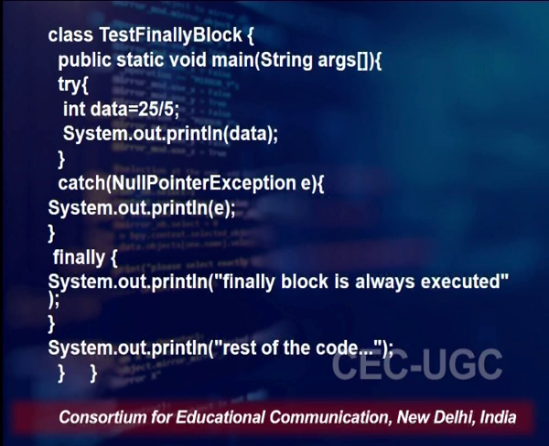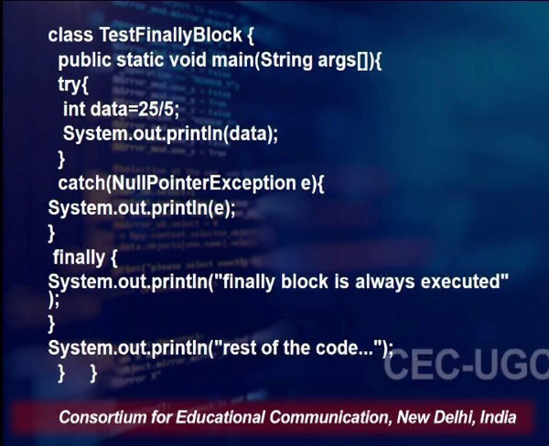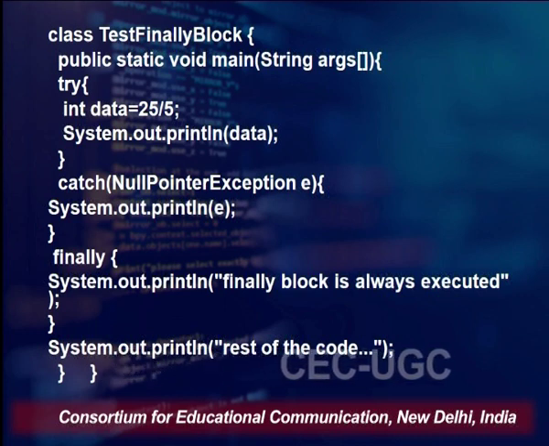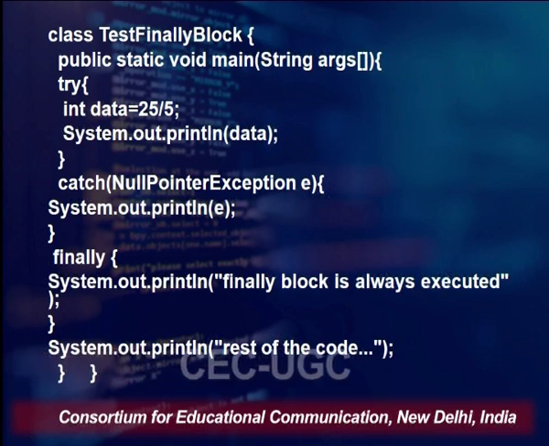After this catch block we have placed the finally block, and within the finally the statement says System.out.println("finally block is always executed"). And after this finally block, we have also written one System.out.println which says "rest of the code".